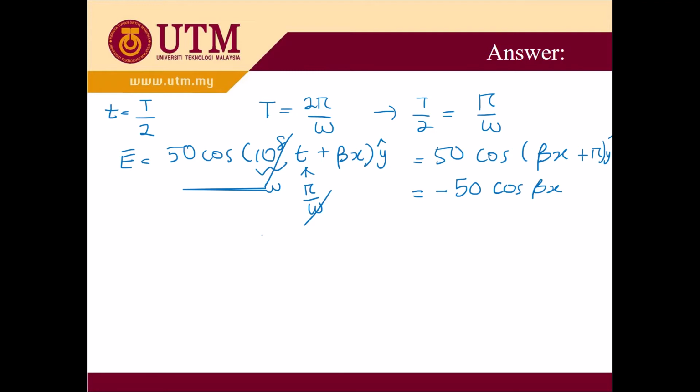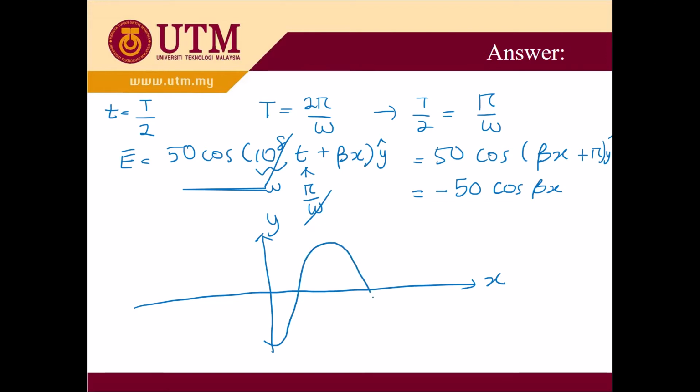So to sketch, this is y, this is x, and then it's going down first before it goes up. I forgot to mention about the amplitude, because the amplitude here is minus 50. The amplitude here is 50, same with previous.